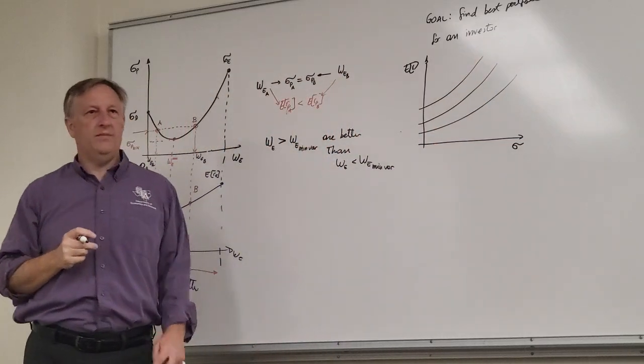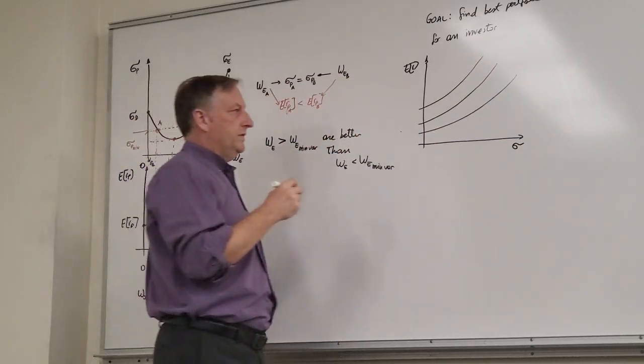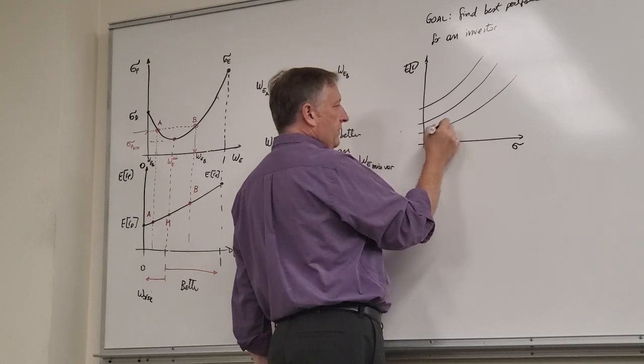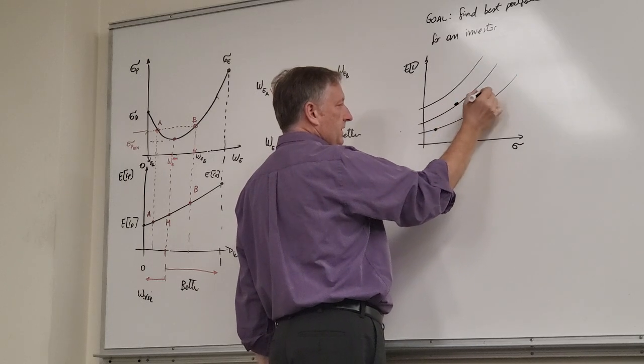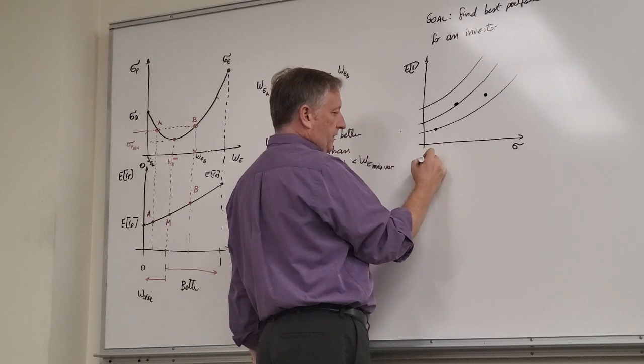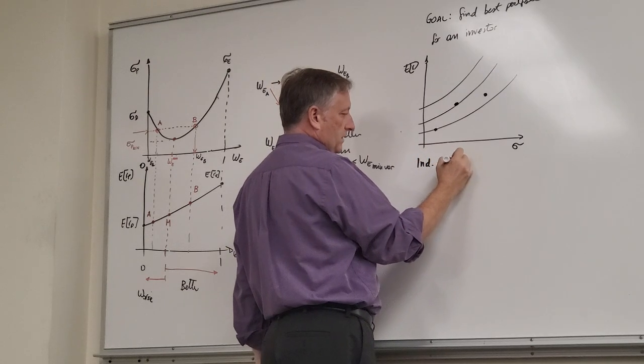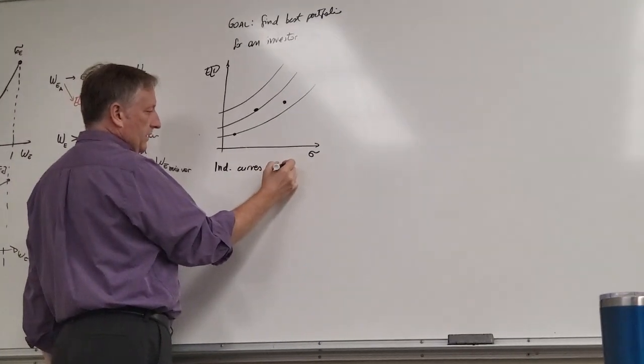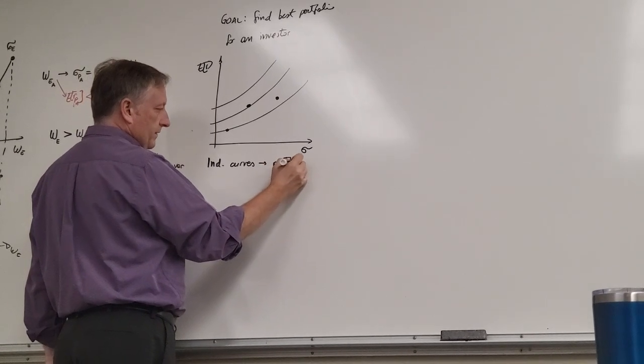They produce the same level of utility. Indifference curves. So if I give you selected portfolios in this graph, you would use the indifference curves to figure out the portfolio selection, right?